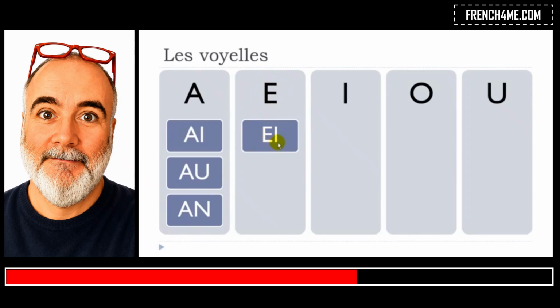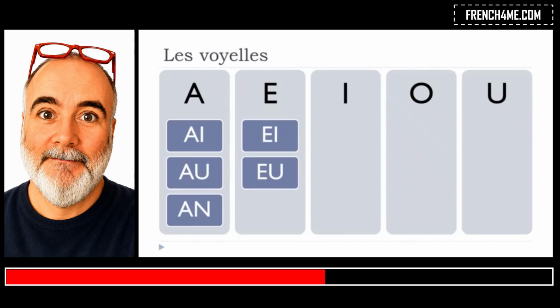Let's see what happens with E. E combined with the vowel I will give you the sound è, the same sound as we had previously, so really open. And if you combine it with the U, you will get the sound eu.